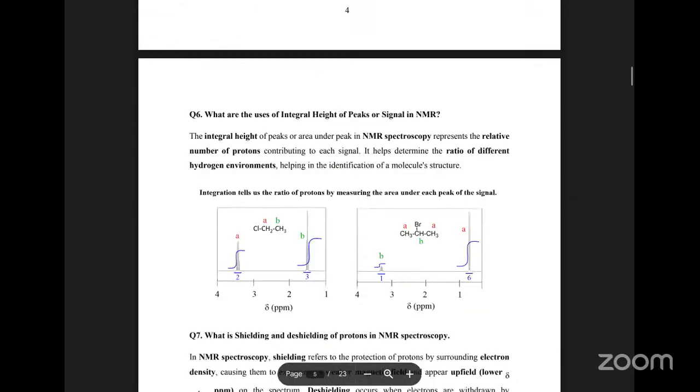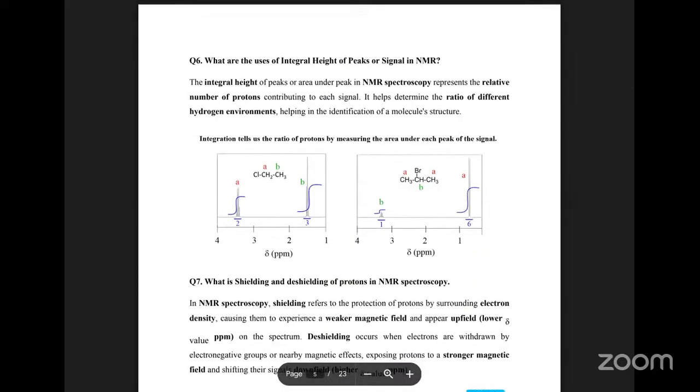What is integral height in NMR spectroscopy? Now, we're talking about the TMS and the observed peak, and now about the height of the peak. This is one of the applications of the NMR spectrum. What is it? The integral height of the peak.